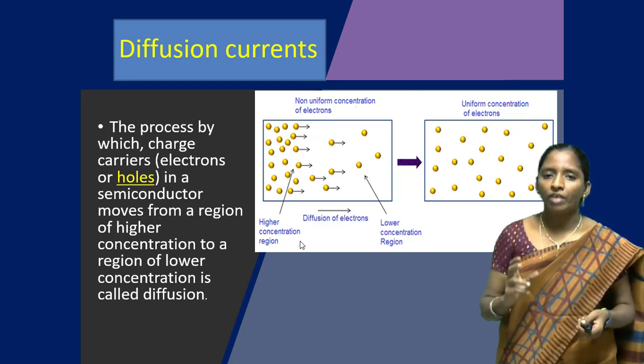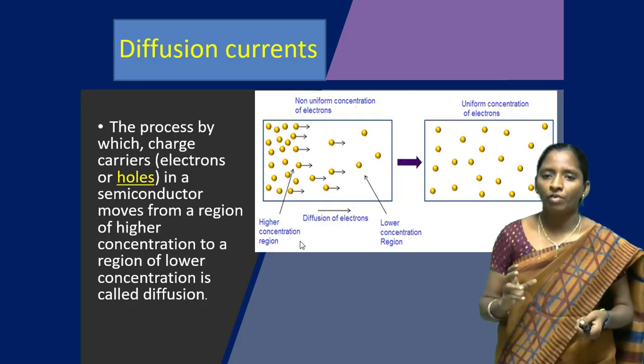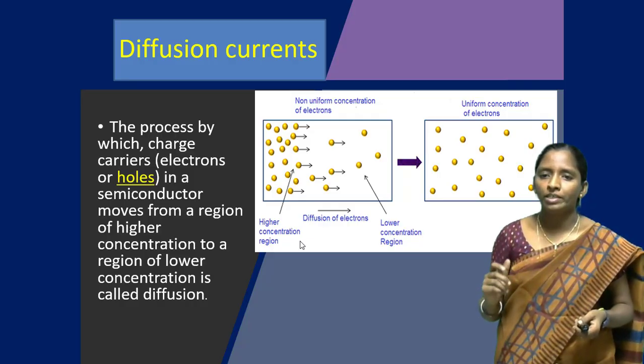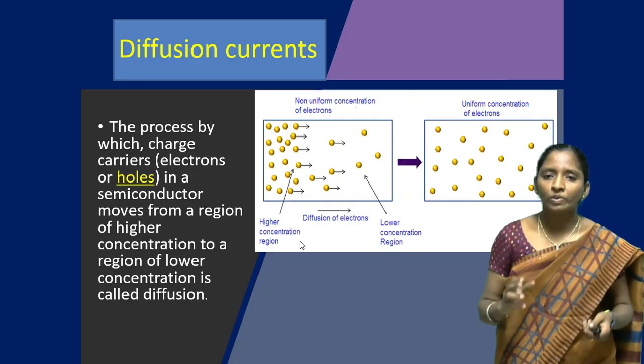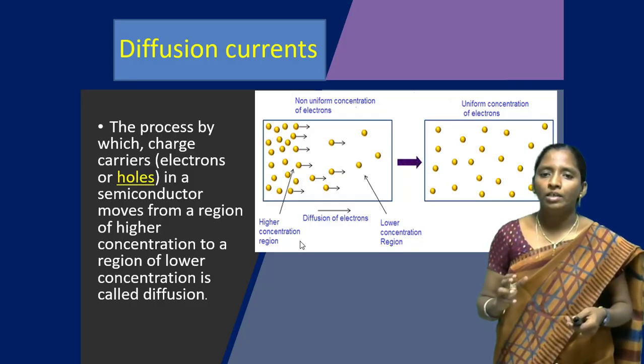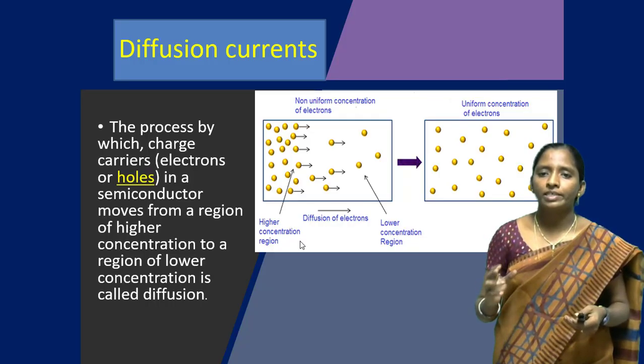In the second figure, the concentration of electrons is uniform. Here the electrons move from the higher concentration to lower concentration in the first figure. In the second figure, this is after the movement of the electrons.